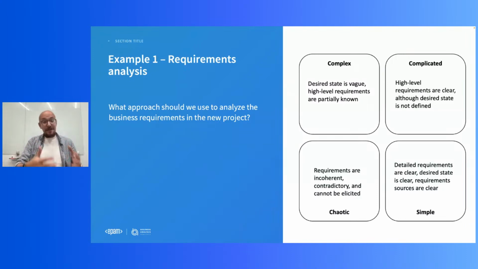So the main strategy here in the chaotic domain is to shift into the more manageable domain. So containing the chaos and making good decisions is a way to go here, right?